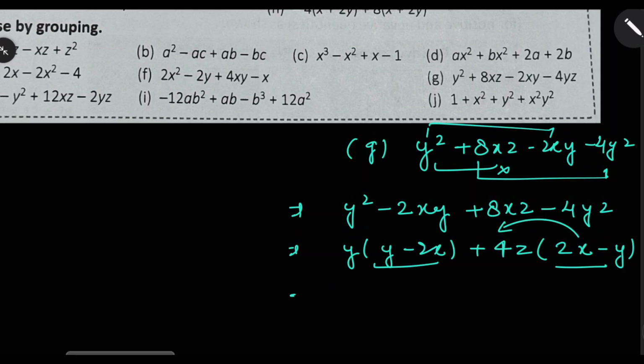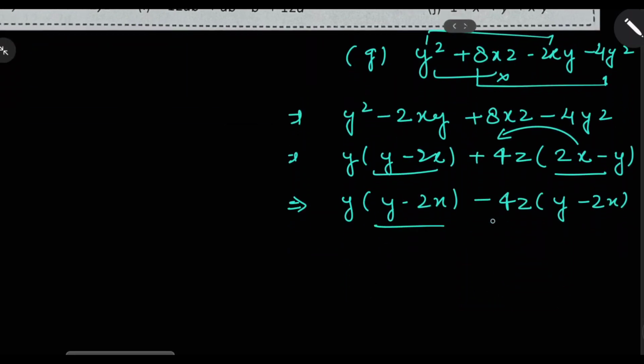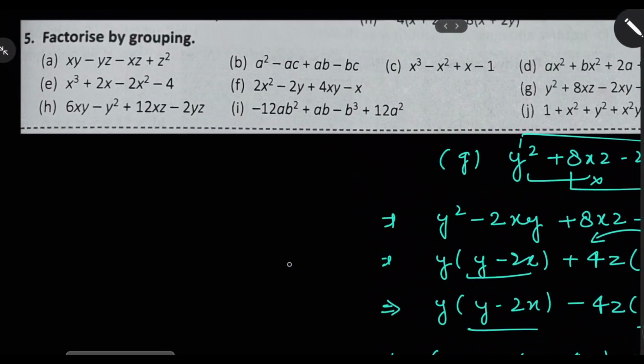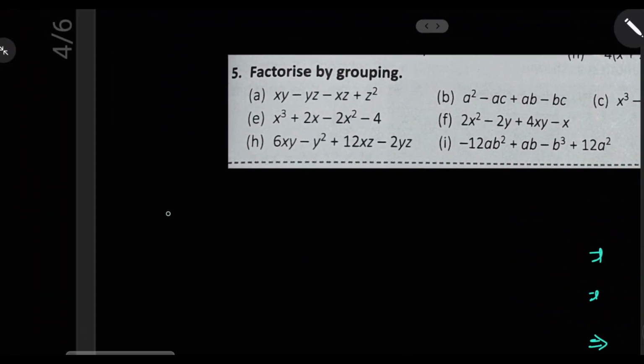So we will have y minus 2x minus 4z, and it should be y minus 2x. So now we have common here, y minus 2x. So take it out, y minus 2x, y minus 4z, and this is our answer.